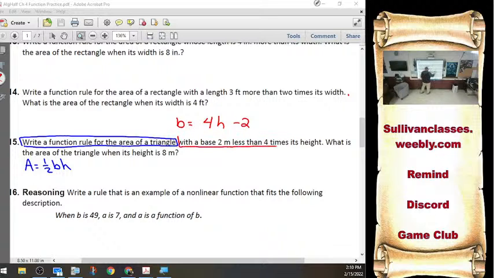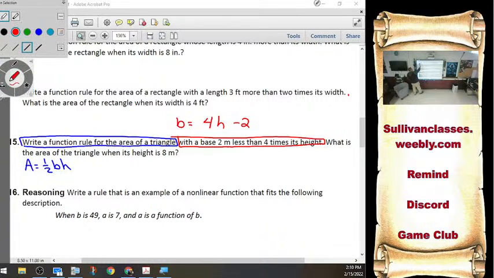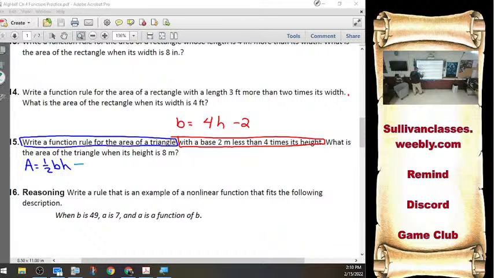So if I say B is this stuff, then I will replace B with that stuff. Now I have A is 1/2. It's not B anymore, it's this stuff.